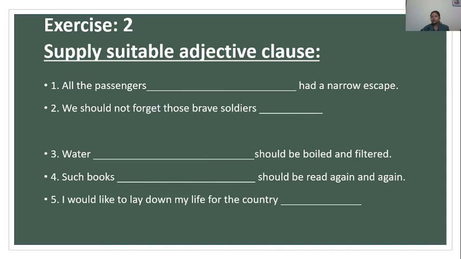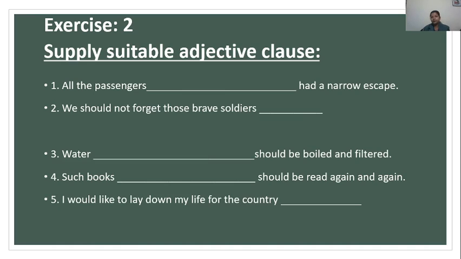If it is a person, we will use who, whose, whom. If it is a thing, we use which or that. If the sentence is talking about a place, we will use where. If it is a time, then when. If it's a reason, then why. If it is about a manner, then we will use how as an introductory word in the adjective clause.